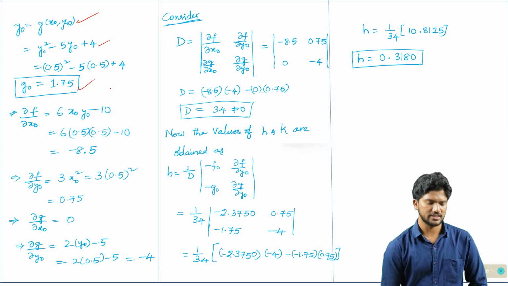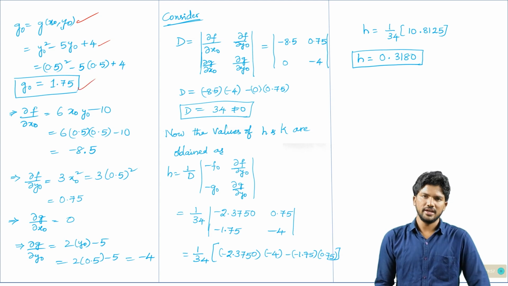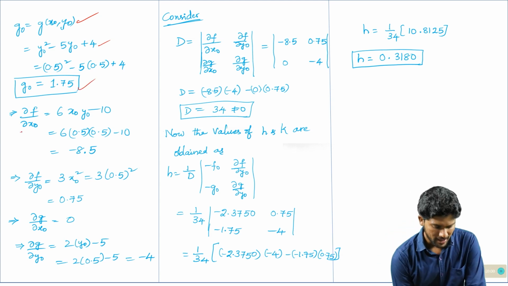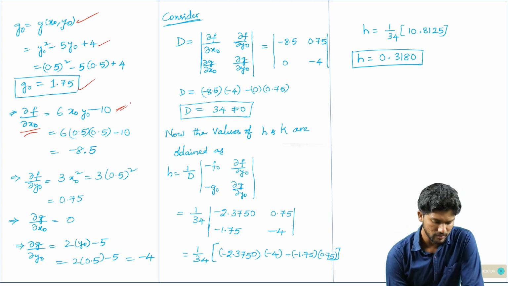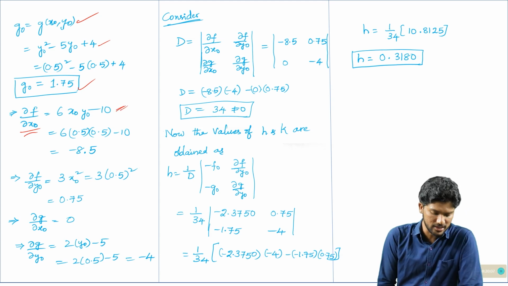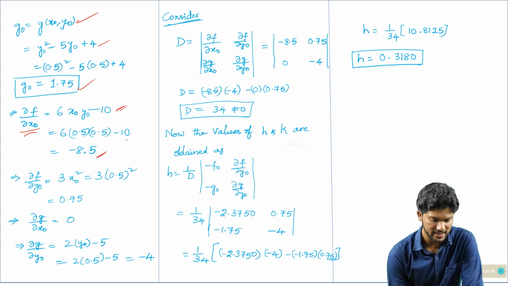So g naught is equal to 1.75. All constants only. Next, the partial derivative with respect to x naught: dou f by dou x naught is 6xy minus 10, that is 6 x naught y naught minus 10, which is equal to minus 8.5.